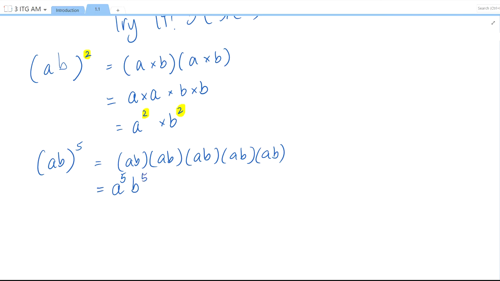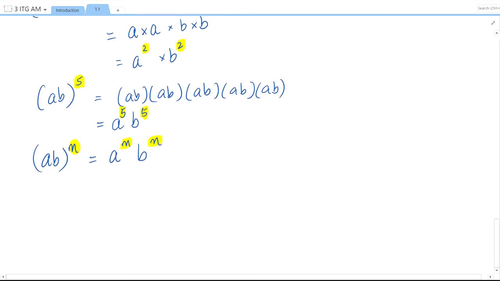Hey, it looks like the powers are all going to be the same. So we generalize it to become ab power m equals a power m and b power m. Okay, so m can be any value. This is the 4th law of indices. In your textbook they used n instead of m, but it's okay.